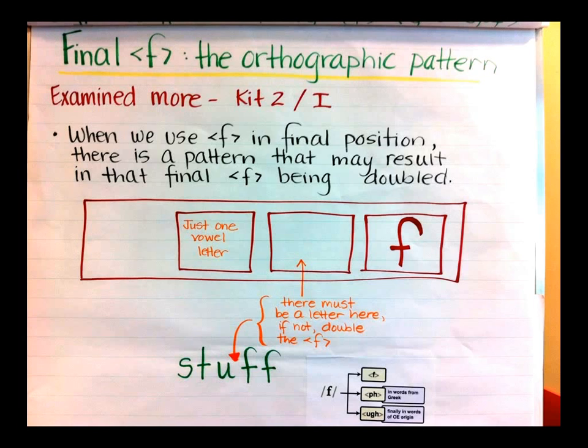There's actually a reason, and that is that if there is just one vowel letter and we're adding a final F at the end, and there's only one letter, we have to double the final F. So you can see from the word stuff there, that's what would happen. Having students make a bank, find other words that do this, or make a hypothesis as to why that happens. If you start with the word stuff and ask them to try to decide why would we double the F here but we don't double the F on another word, they can come to these conclusions for themselves.